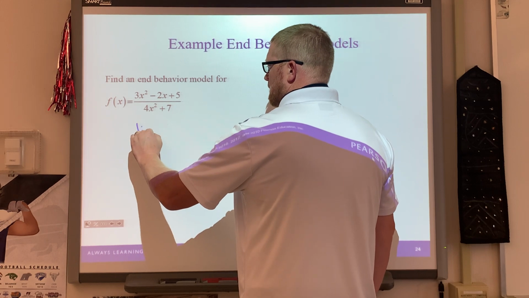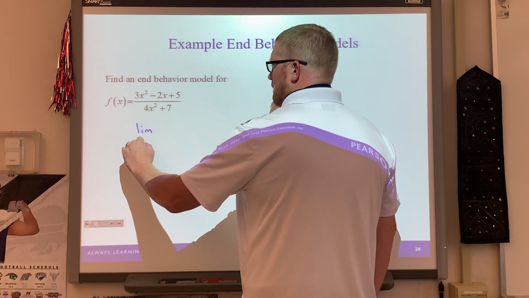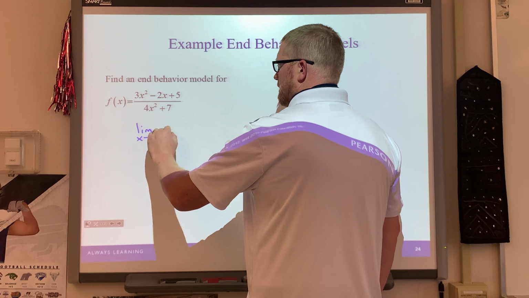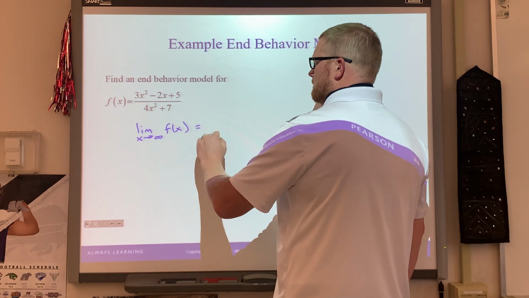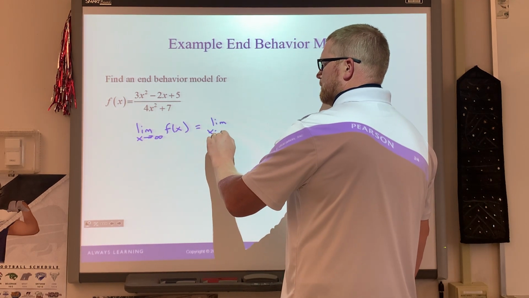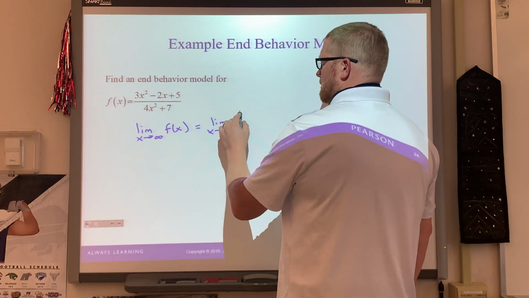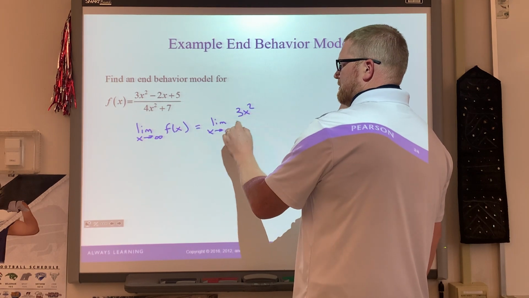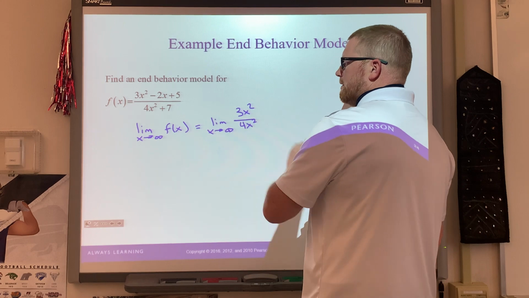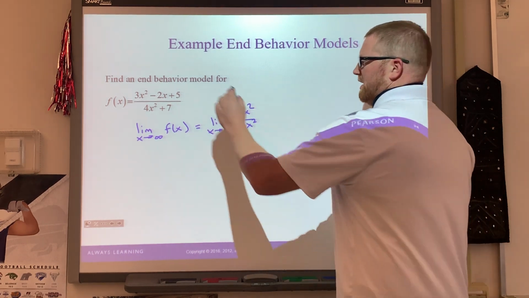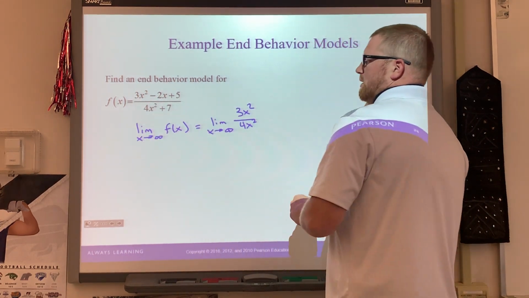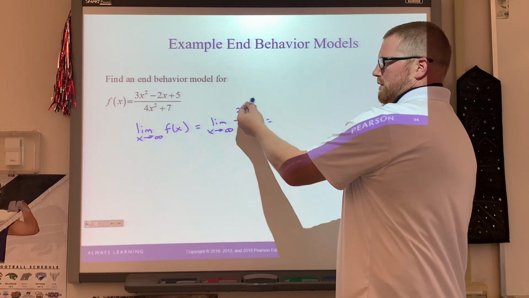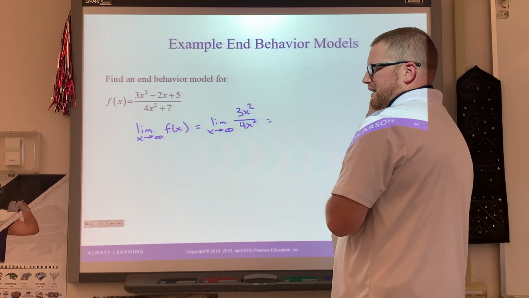What we can say is the limit as x approaches infinity of f of x equals the limit as x approaches infinity of 3x squared divided by 4x squared. Just taking the monomial of each of those. And then 3x squared over 4x squared simplifies.